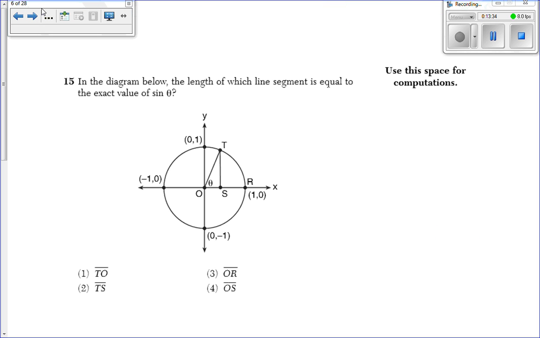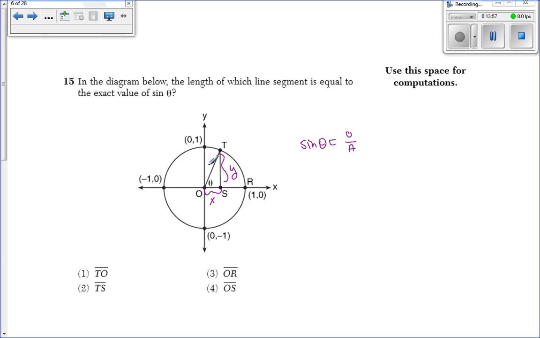Next, in the diagram below, the length of which segment is equal to the exact value of sine theta? But believe it or not, we actually talked about this. Remember, this distance here is x, this distance here is y. Sine theta is equal to opposite over hypotenuse.